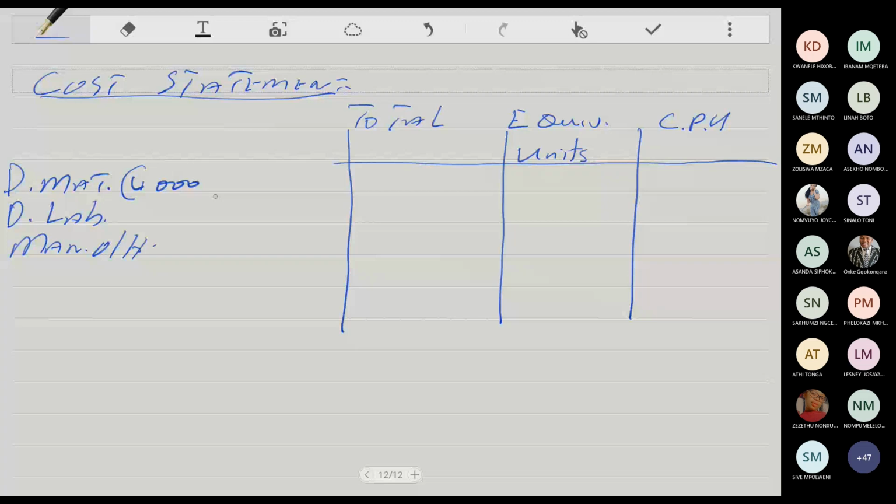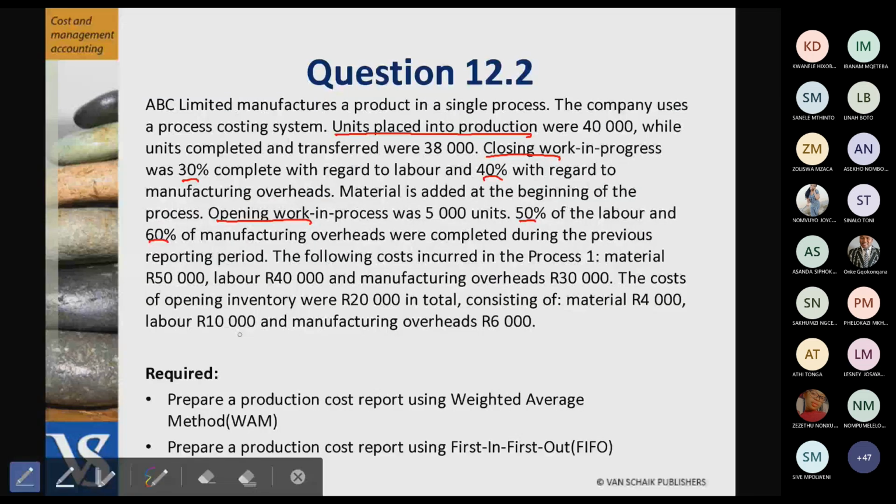The direct labor, I think it was 10,000 in the opening, if I'm correct. We'll verify that. Yes, it is 10,000 if you look there, plus the current cost of 40,000.